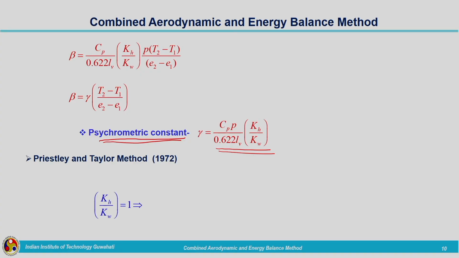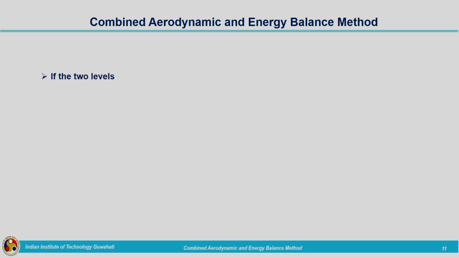Priestley and Taylor assumed that Kh by Kw can be taken as 1, then gamma takes the form of Cp P divided by 0.622 Lv. Pressure we can measure, latent heat of vaporization we can calculate, and Cp is known to us. So, gamma can be obtained. Once gamma is obtained, gamma multiplied by T2 minus T1 divided by E2 minus E1 will give you beta.